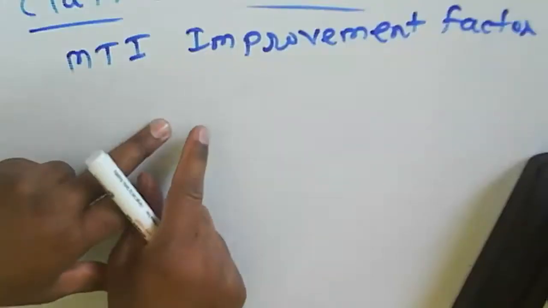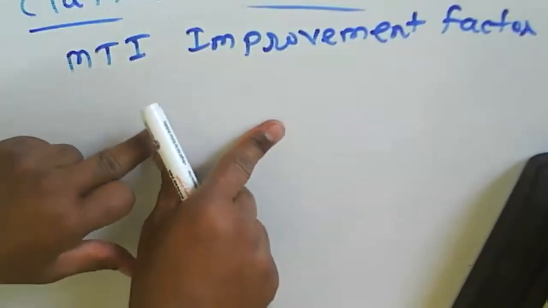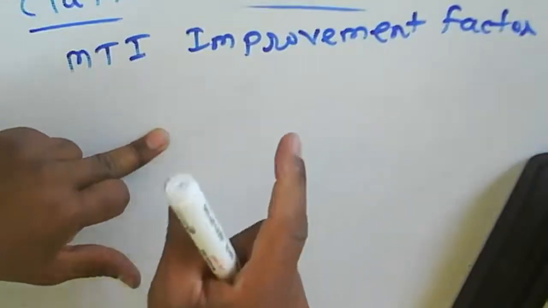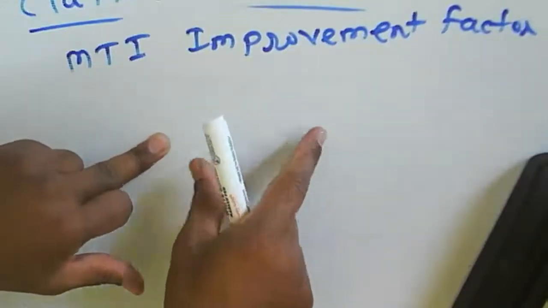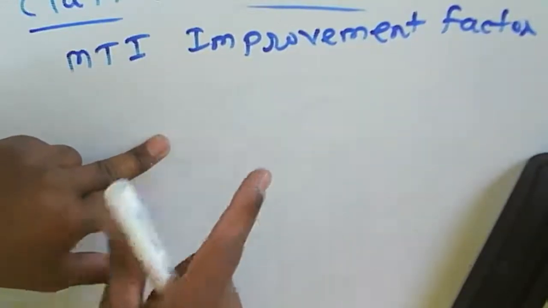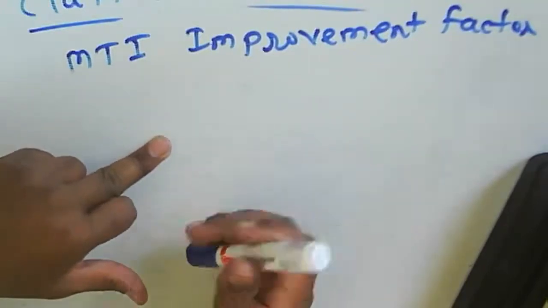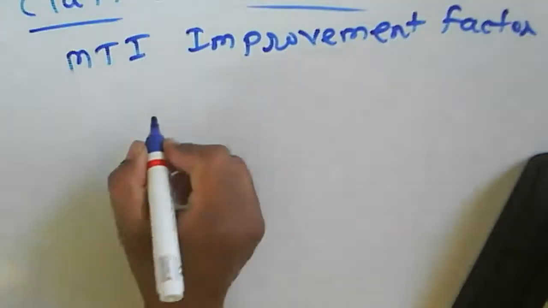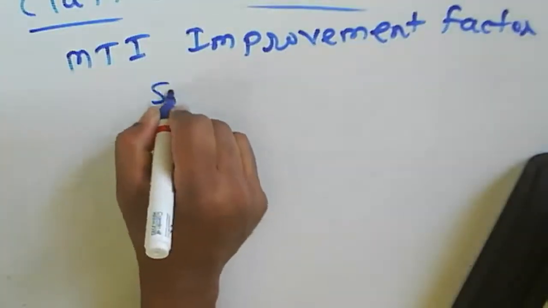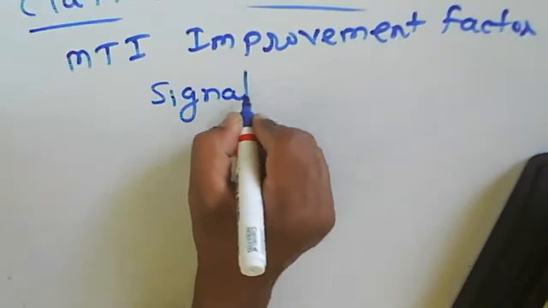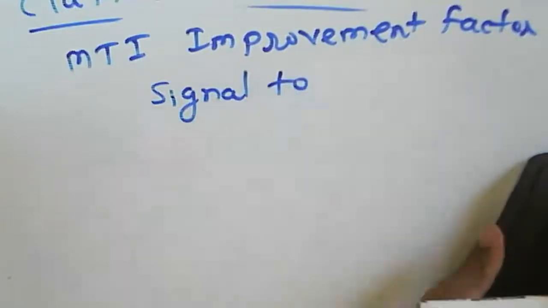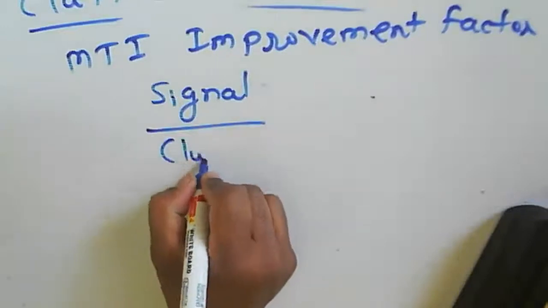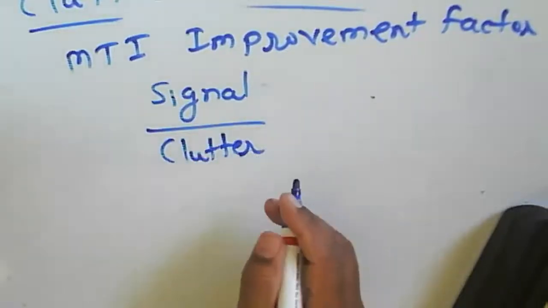So the MTI improvement factor will depend upon the signal to clutter ratio at the output of a clutter filter. Okay, we are getting a signal to clutter ratio at the output here.